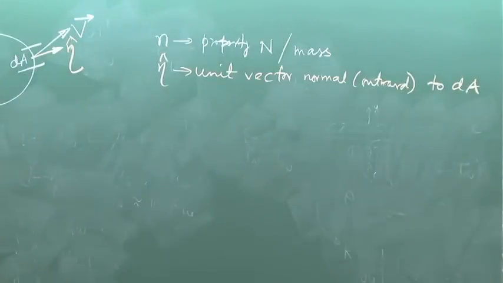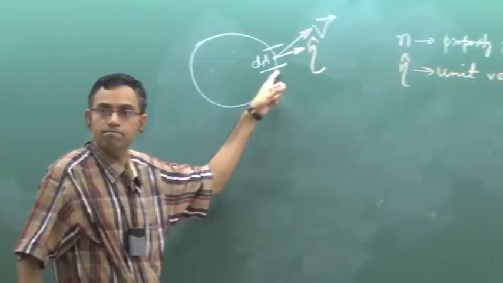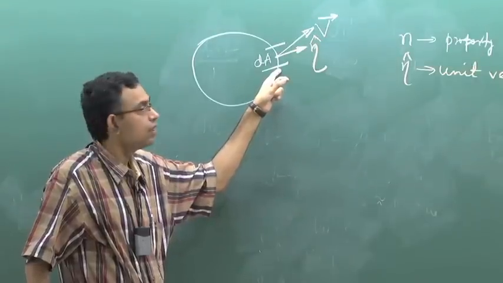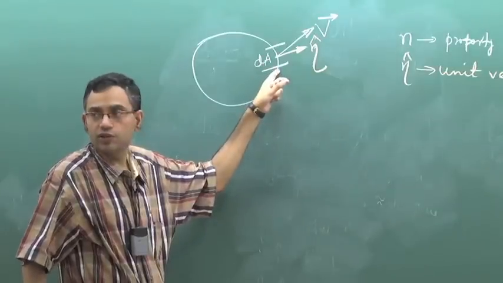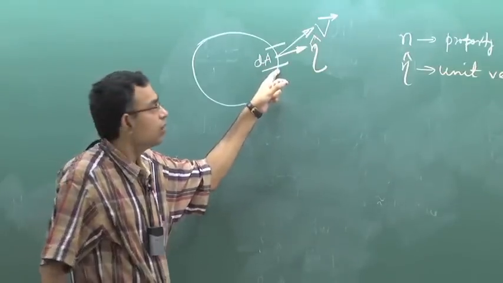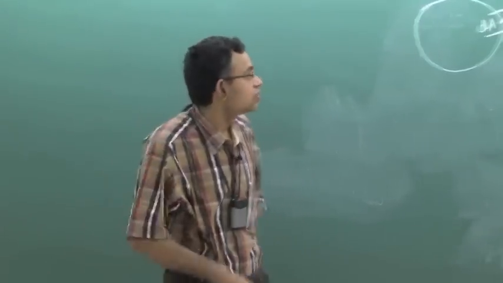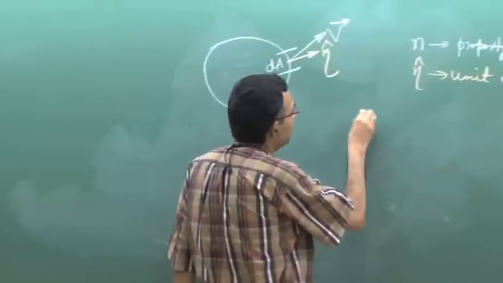Now, can you tell what is the mass flow rate through this dA? What is the volume flow rate through this dA? Volume flow rate is the normal component of velocity times the area. So, what is the normal component of velocity?